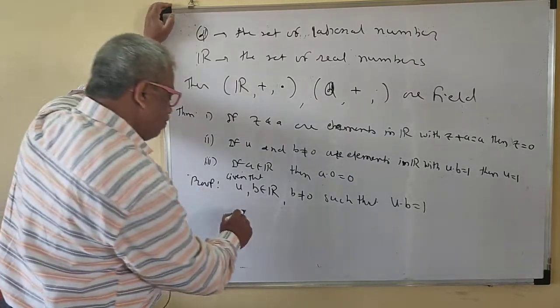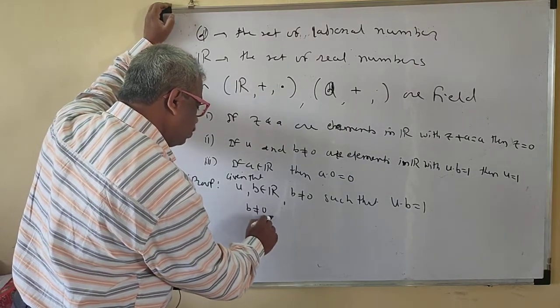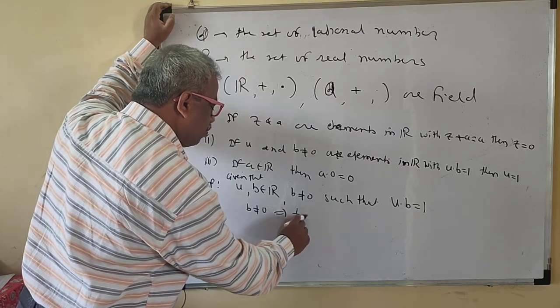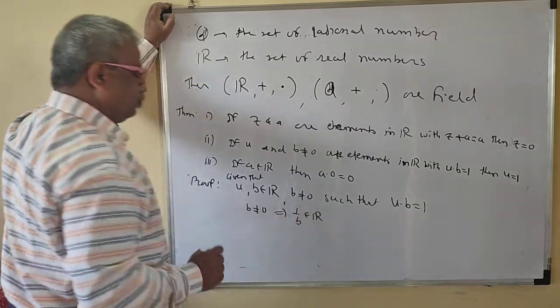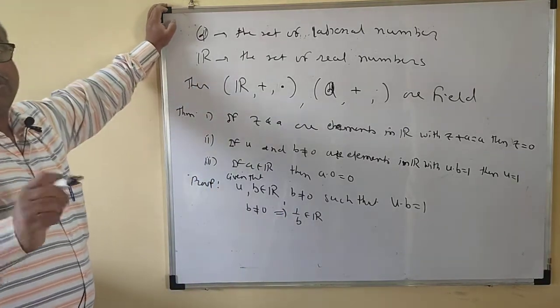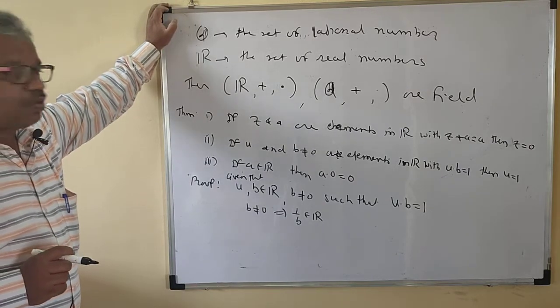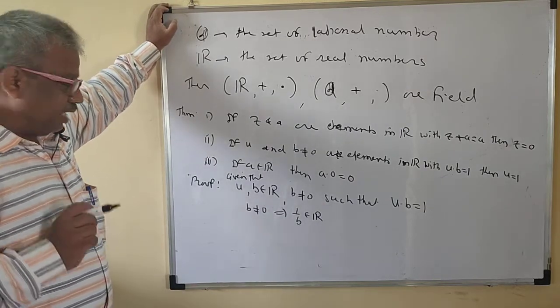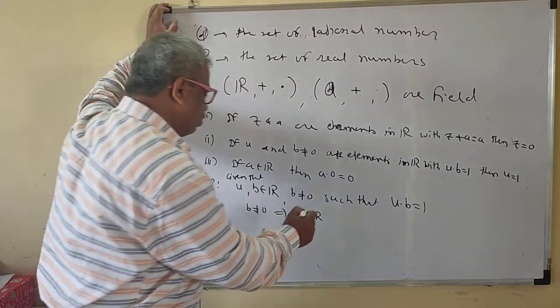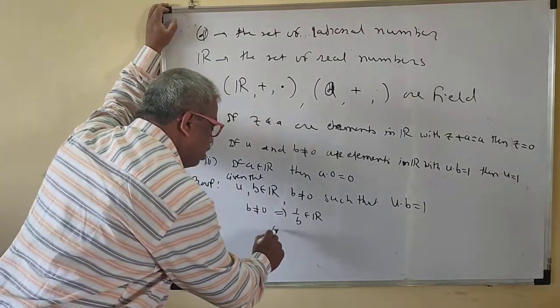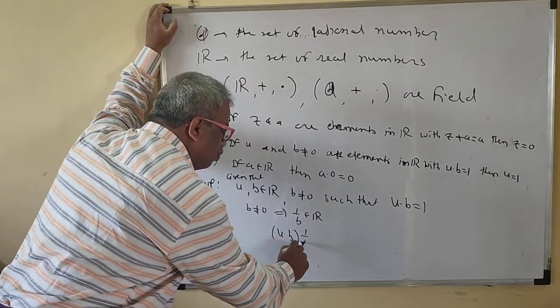Now b is not equal to 0, so this implies that 1 by b belongs to R, because the reciprocal of a non-zero number exists. So what will we do? We will multiply by 1 by b on both sides.